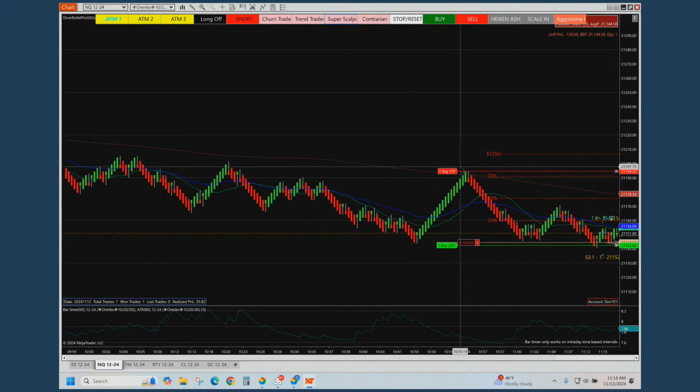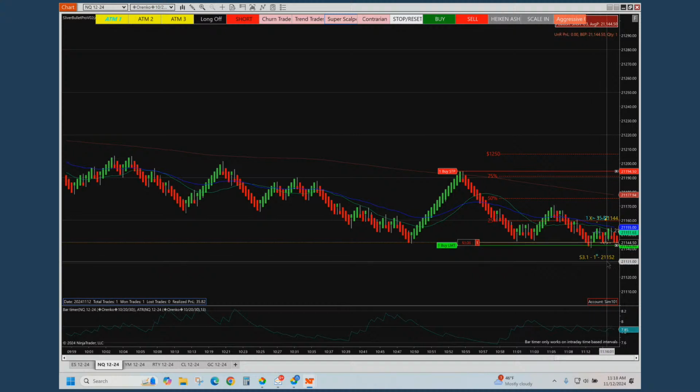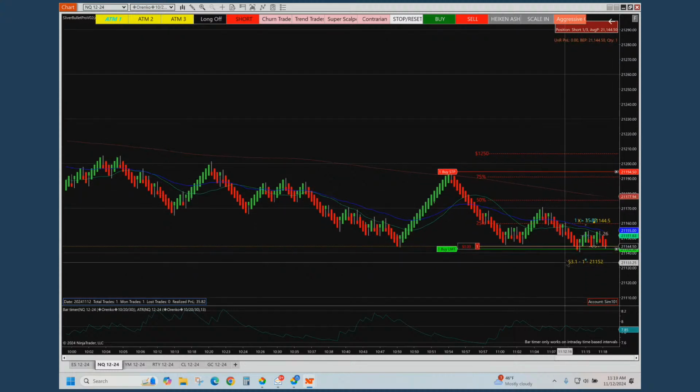So it moved back to 233 SMA, grabbed all the liquidity, came all the way down, and now it's in a range mode here. But I expect it to come down further because it spent a lot of energy going back and coming back. So it doesn't have enough energy left to go back again. So I expect it to go down before going back up. So that's why I'm comfortable taking a short trade here, though it's at the day low.